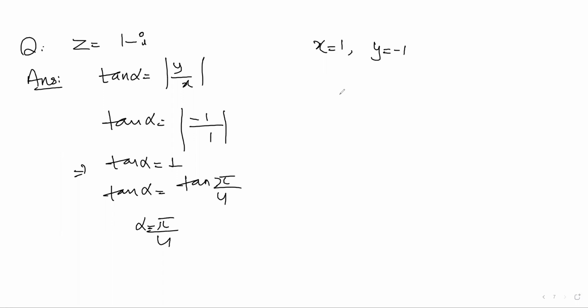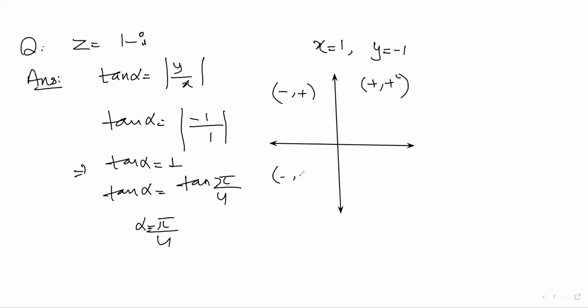Fourth quadrant. This is plus plus, so fourth quadrant, very good. This is minus plus, this is minus minus, and this is plus minus. So alpha is this.